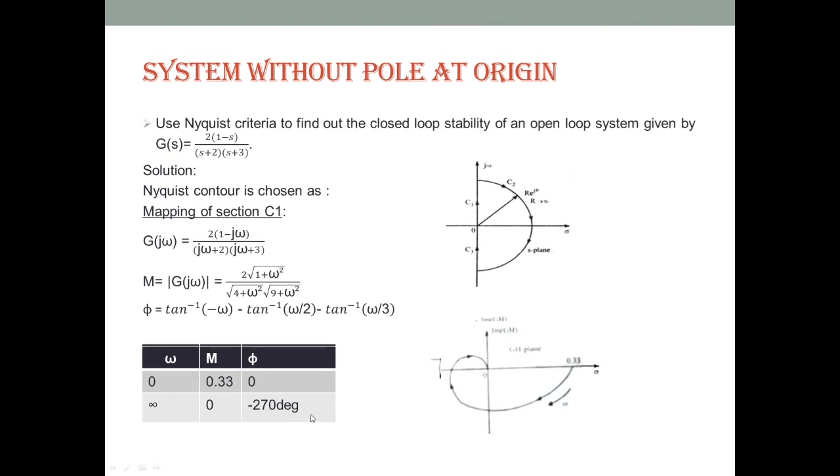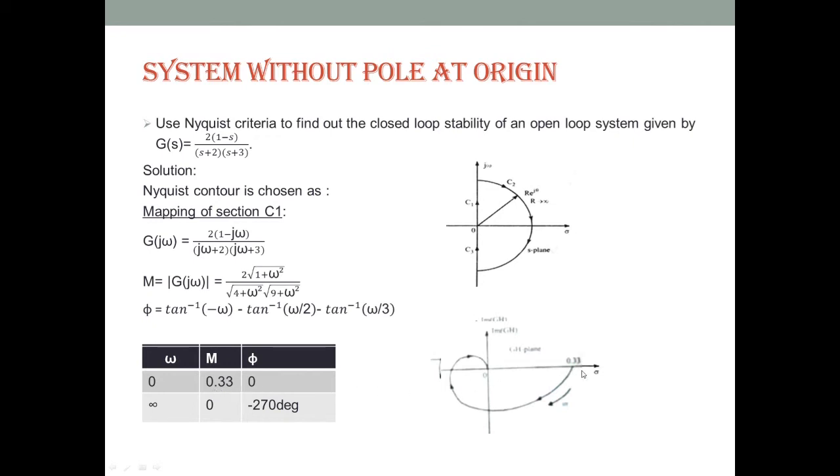So next we will draw the polar plot of the section C1. So this is the real axis and this one is the imaginary axis, and we will consider the clockwise direction, and in clockwise direction this angle is minus 90 over here, minus 180 here and minus 270 over here. So at omega equal to 0, the graph starts from the 0 degree line, and on the 0 degree line the magnitude is 0.33.